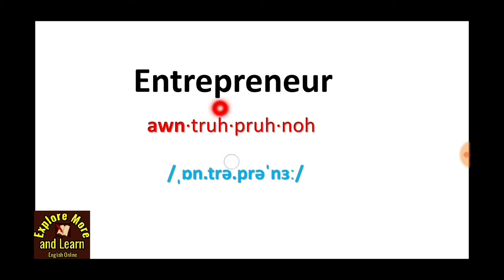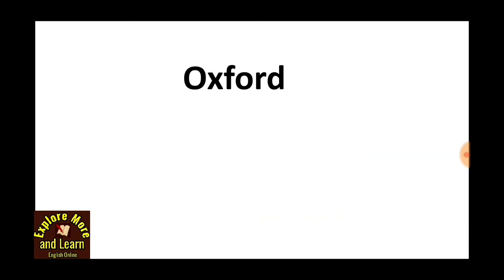Tr. Pr. No. Letter R is silent here. Okay? So, entrepreneur. The correct pronunciation is, you can repeat after me, entrepreneur. Very good.